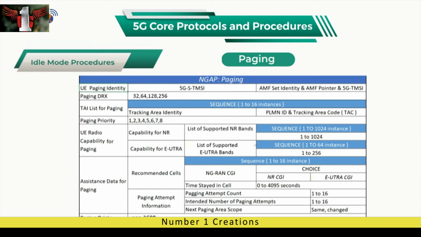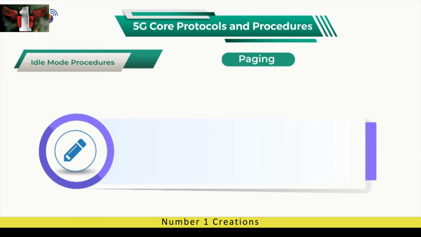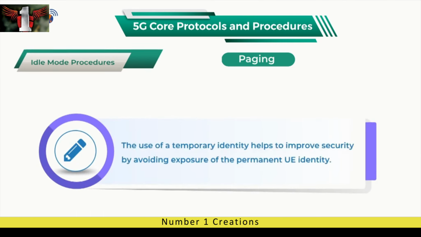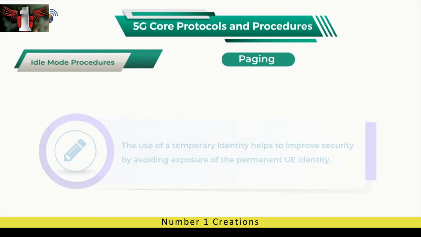The 5G-S-TMSI is used instead of the IMSI when addressing the UE because it is a temporary identity.